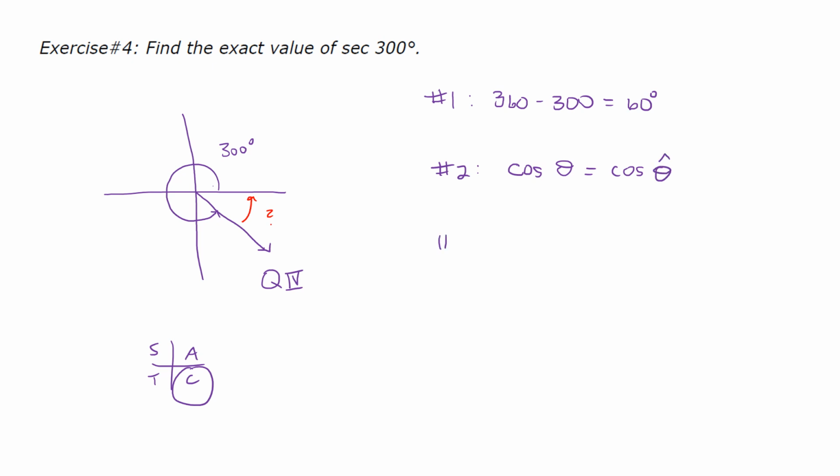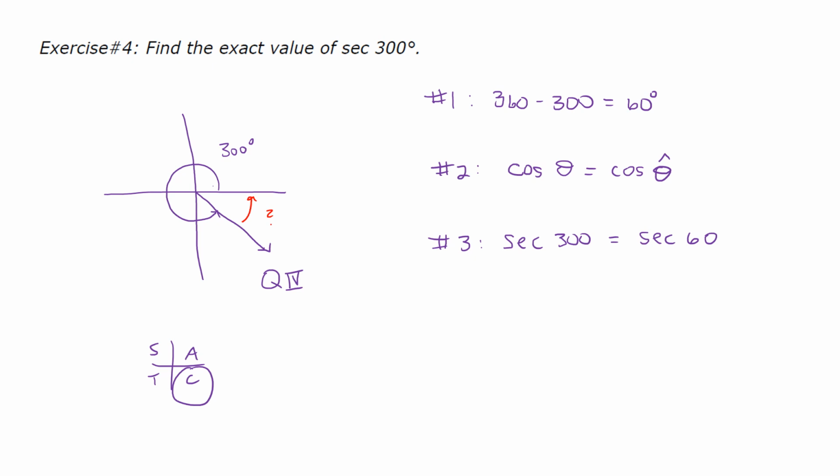So evaluating this, secant of 300 degrees is going to equal secant of 60 degrees, because remember cosine and its opposite, which is secant, are both positive.